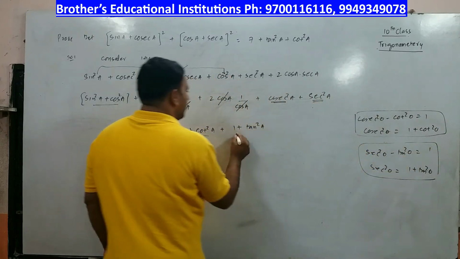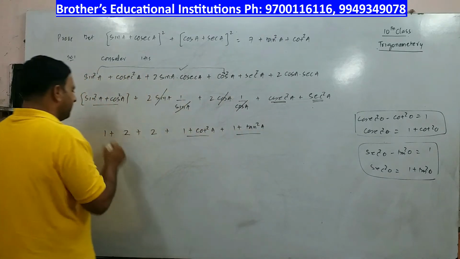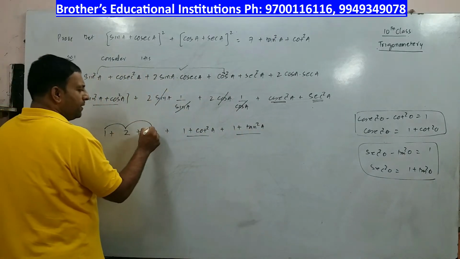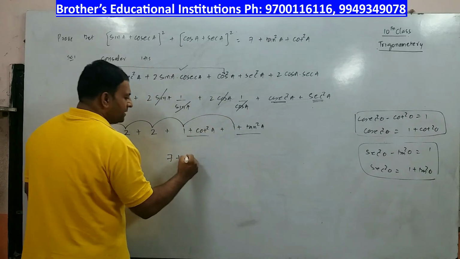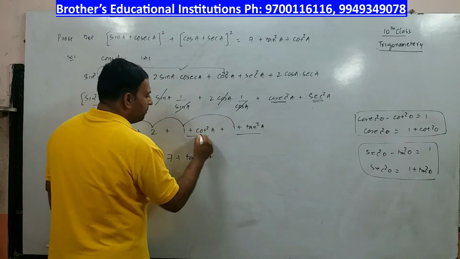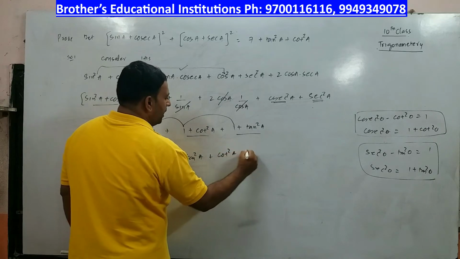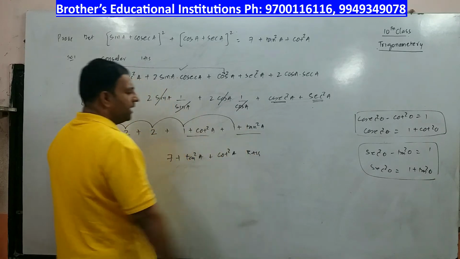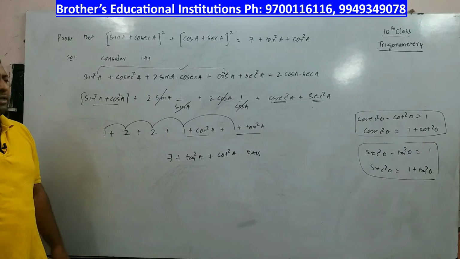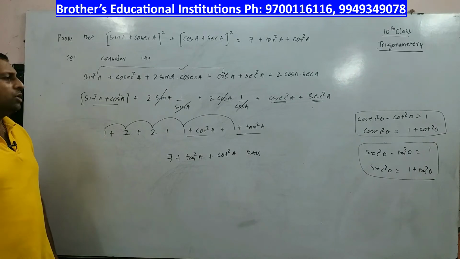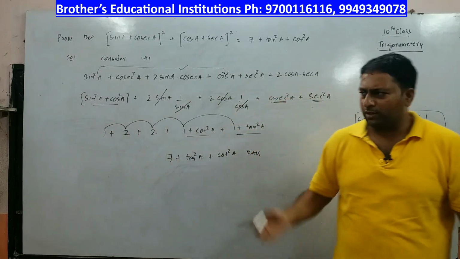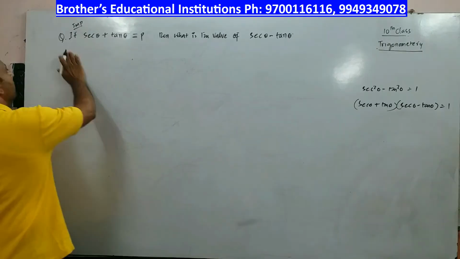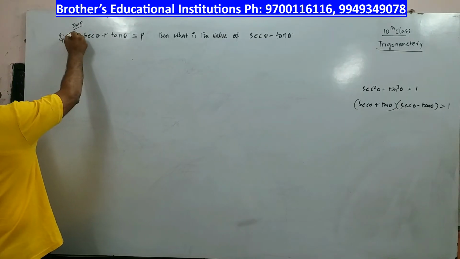So, secant square A is 1 plus tan square A. And you start counting: 1 plus 2, 3, 3 plus 2, 5, 5 plus 1, 6, 6 plus 1, 7, plus tan square A plus cot square A, and that is your right hand side. A very nice question, usually comes in the board examination. So I want you to pause the video and then move on to the next question. Please pause the video.